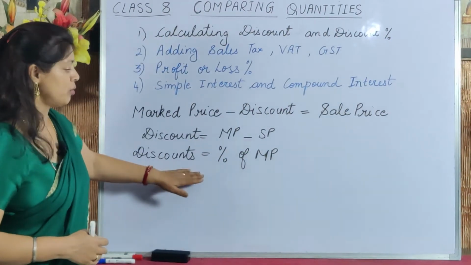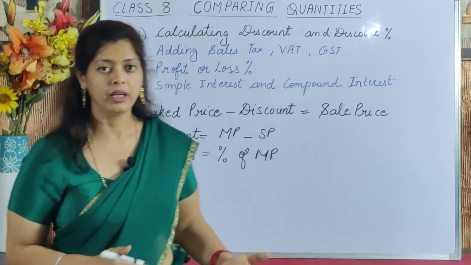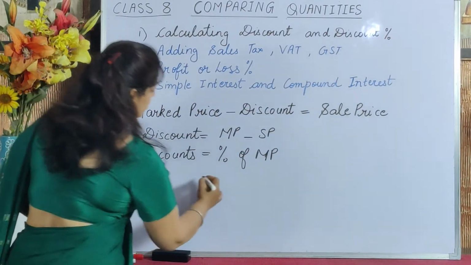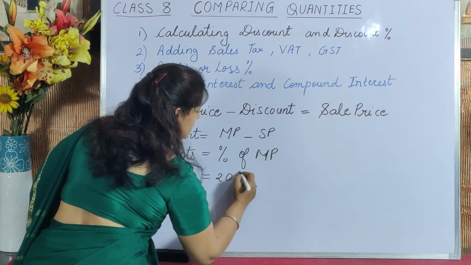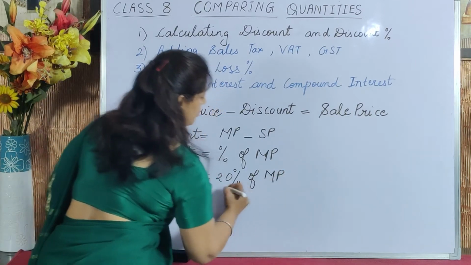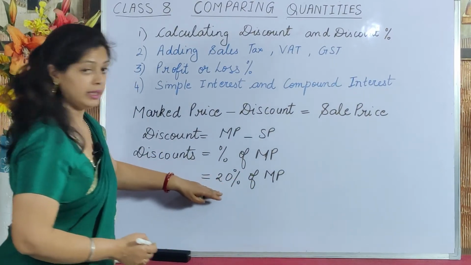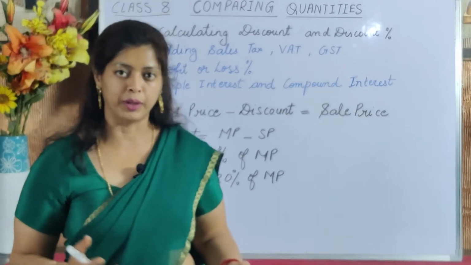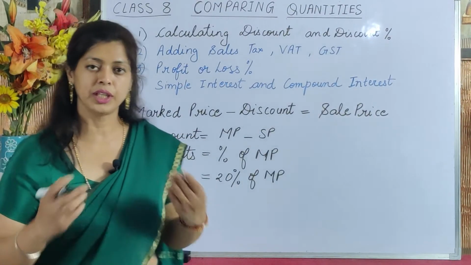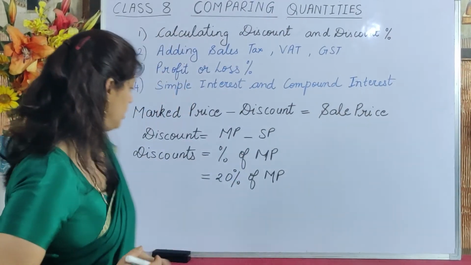Similarly, here discounts are calculated as a percent of the original price or the marked price. Say 20% of the marked price. Now, since they are calculated on the marked price, it is similar to calculating percent of a number. You calculate the discount and you subtract from the marked price, which gives you the sale price.